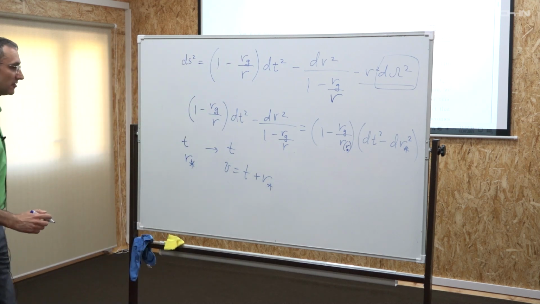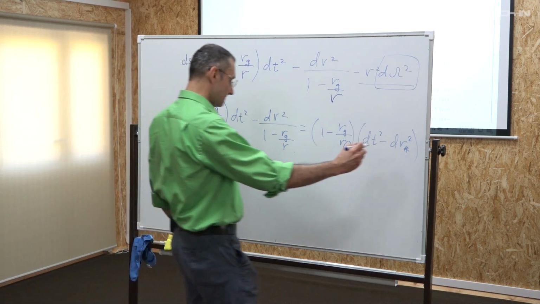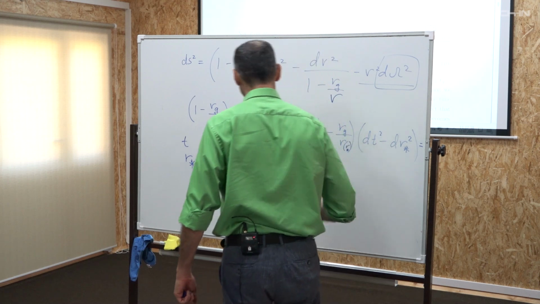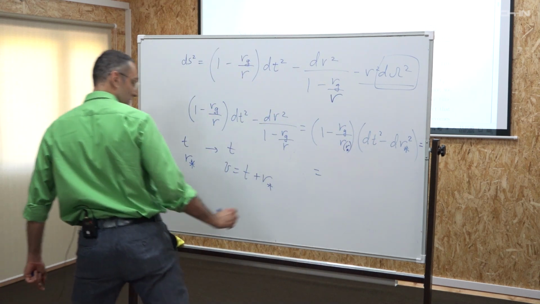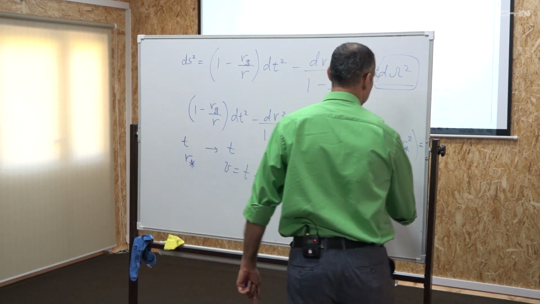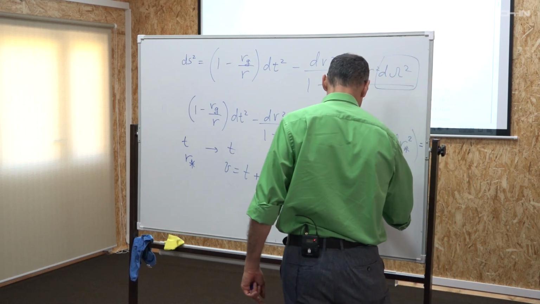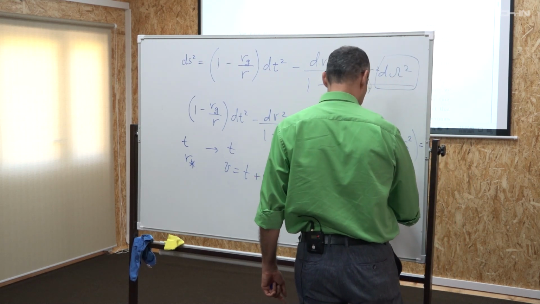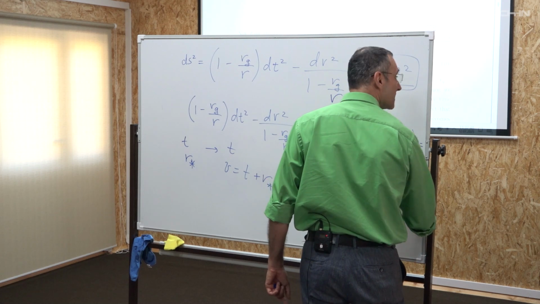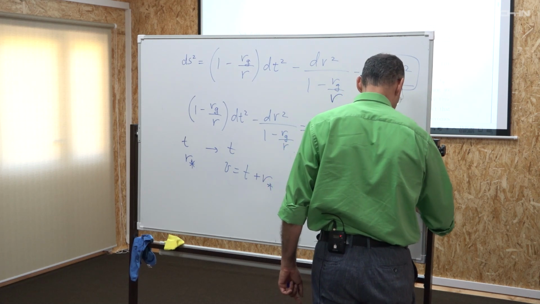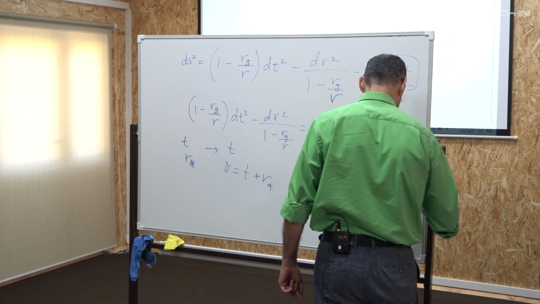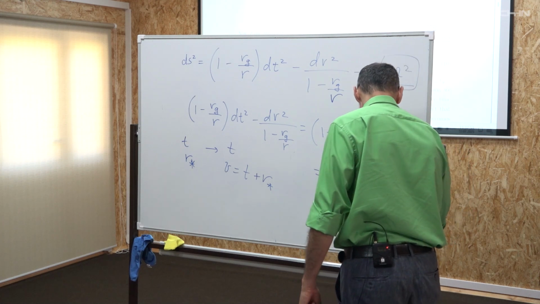In terms of this coordinate system, I obtain the following: (1 minus Rg divided by R) dv squared minus 2 dv dr. I hope it's clear. This is V.